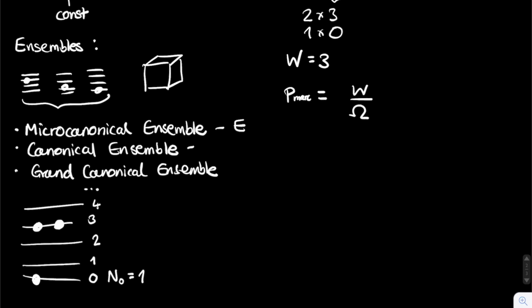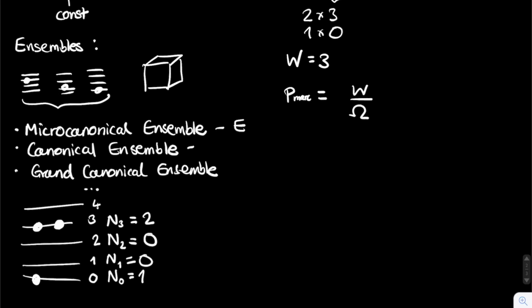Let's carry on and go through them so we're very clear about what we're doing. How many particles are in energy level 1? Well, 0. How many particles are in energy level 2? Again, 0. But what about energy level 3? We can clearly see that there are 2 particles in this one.